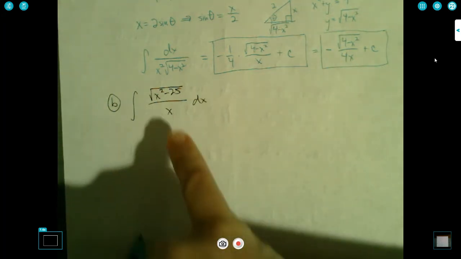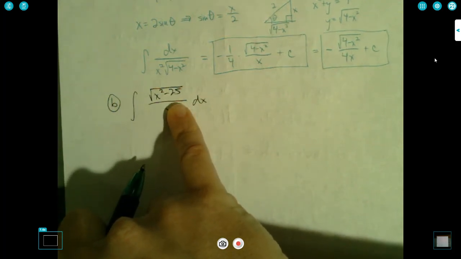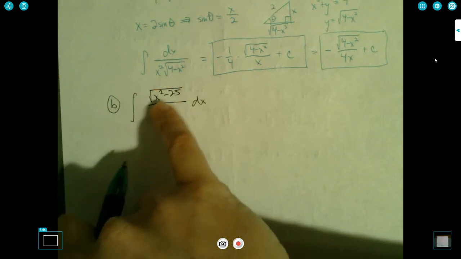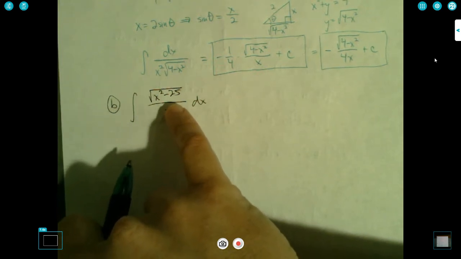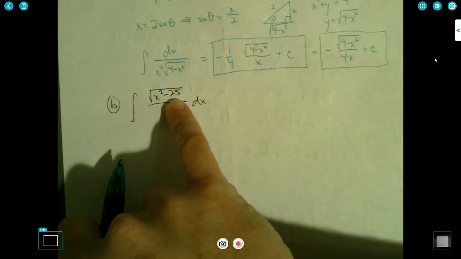Well, a trig substitution, right? This is the form x squared minus a squared. So that's going to be a secant kind of trig substitution. We're going to let x be a, in this case a is 5, right? So we're going to let x be 5 secant theta.